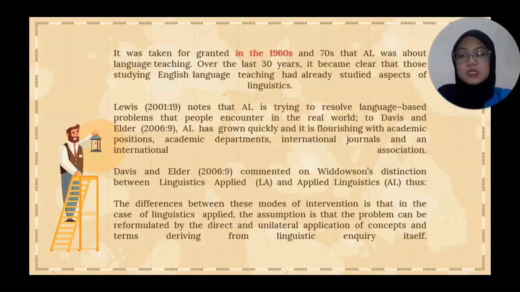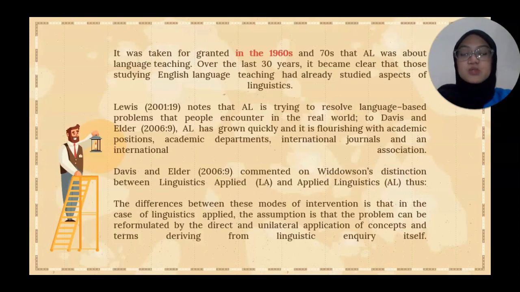So, Lewis, in 2001, notes that applied linguistics is trying to resolve language-based problems that people encounter in the real world. To Davis and Elder in 2006, applied linguistics has grown quickly and is flourishing with academic positions, academic departments, international journals, and an international association.